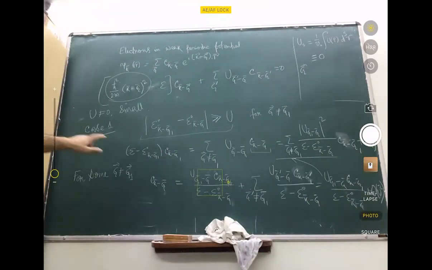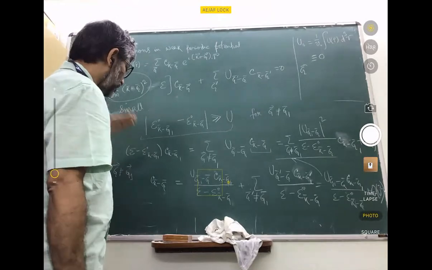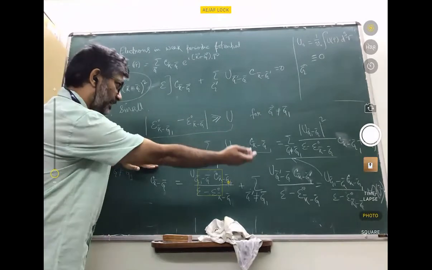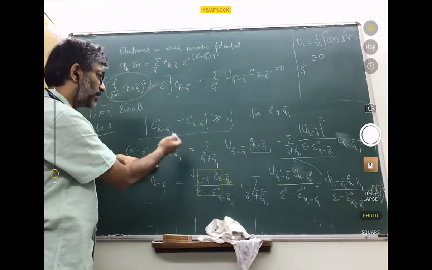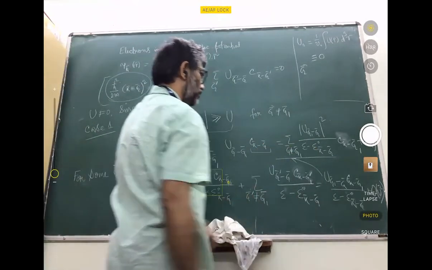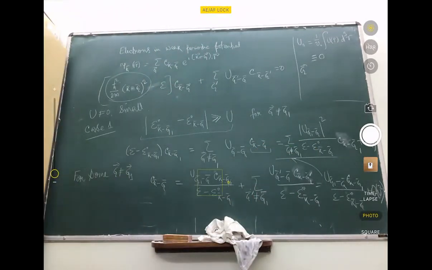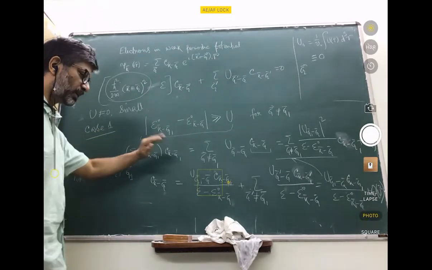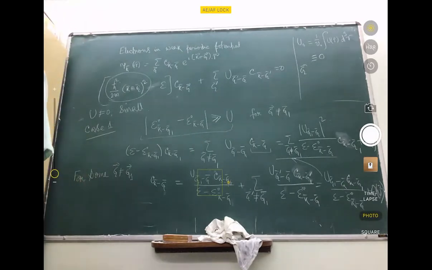So the point was that in the case when u was 0, this thing was exactly equal to 0. But now that we have taken u to be non-zero but small, we get something which is order u squared to the leading order. So in other words, the change in free electron energies in situations where there are no degeneracies, the change from the free electron energy is of the order of u squared.